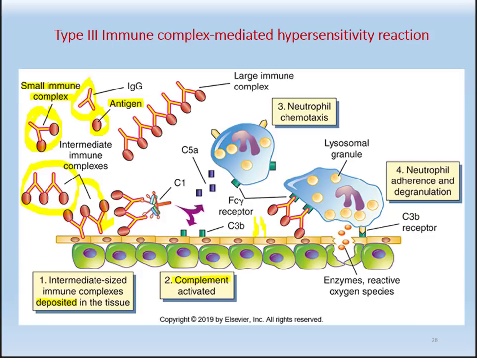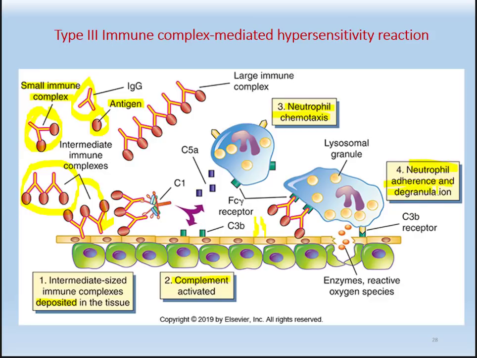And so we end up with tissue damage to the area because all these neutrophils come in and try to phagocytose, but they're unsuccessful, and then they release a lot of their lysosomal enzymes, which are very powerful digestive enzymes. So this neutrophil chemotaxis is neutrophils being attracted to an area where chemotactic factors are present, and neutrophils adhere to the area.